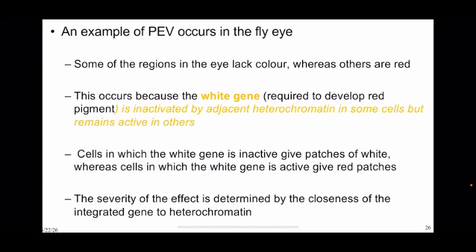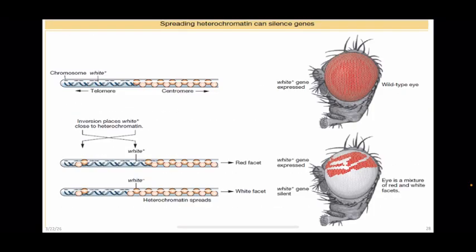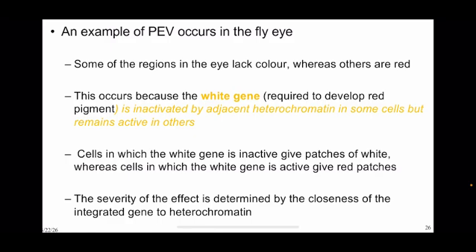Some will have red eyes, some will have patches in their red eyes, some also have full white eyes. In this example, some regions in their eye lack color, whereas others are red. Normally they should be fully red, and because of this position effect variegation, the heterochromatic regions are spreading to the red parts.